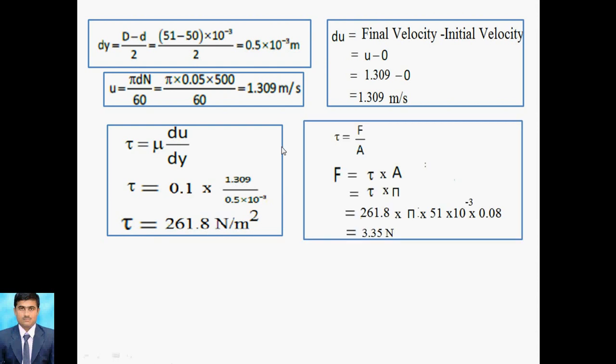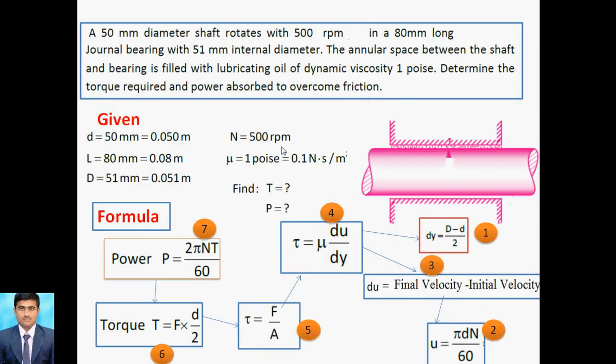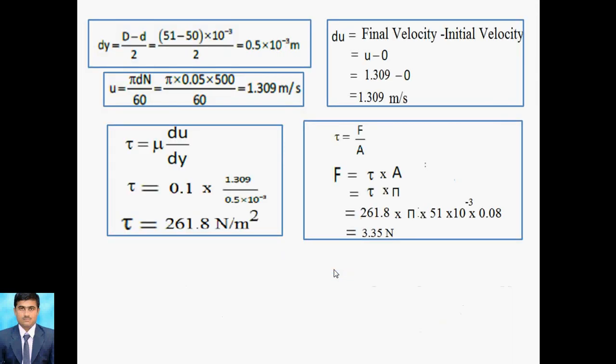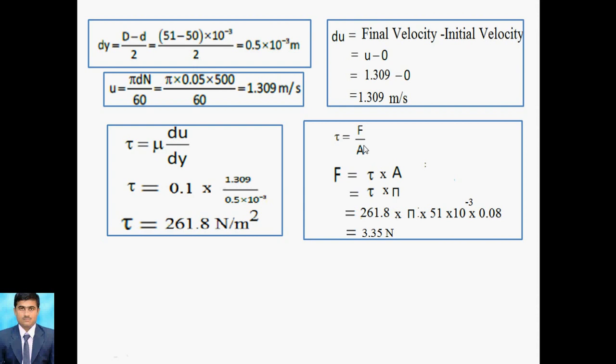Now the next formula, that is tau is equal to f by a. From that we calculate f as tau into a. So a means what?